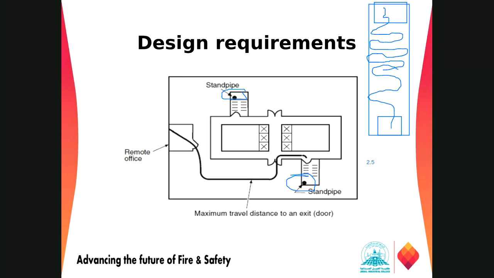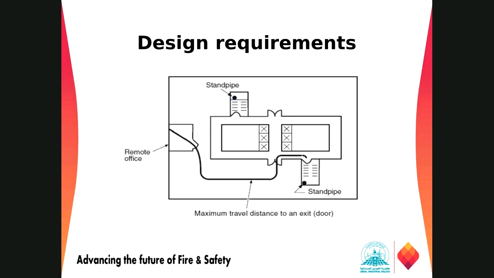Again, in this exit method, they will simply cover from this area all the way up to this remote office, and from this one they will cover the complete building. Either they will go from the first exit, or maybe they will go for the exit on the back side. That is totally based on the type of fire and where it is easier to go inside the building.